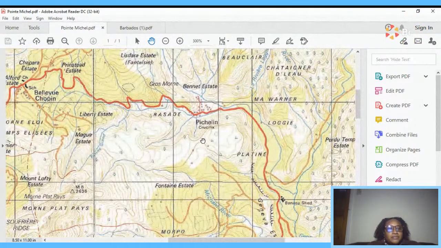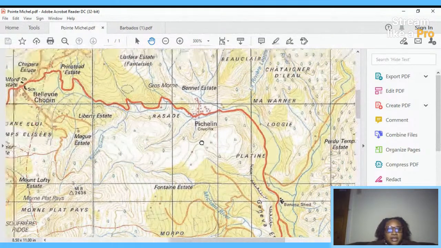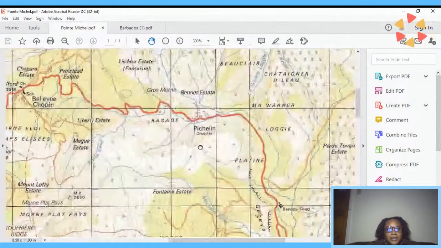Michelin. Look at Michelin here on the screen.